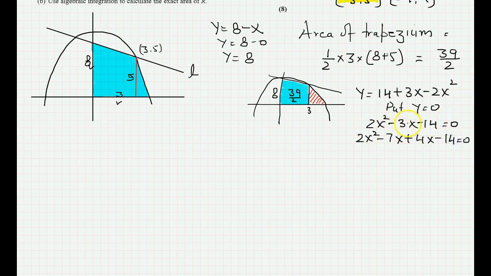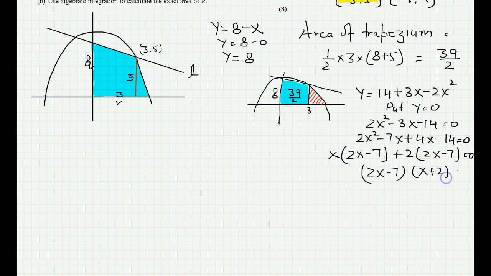How to solve this kind of quadratic equation? You can see my other videos. So let's say x common, here x is common, so it will be 2x minus 7, plus 2 common, so this is 2x minus 7. So we have 2x minus 7 and x plus 2 is equal to 0.